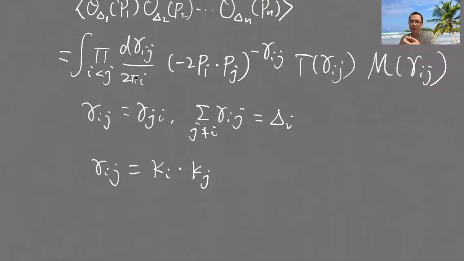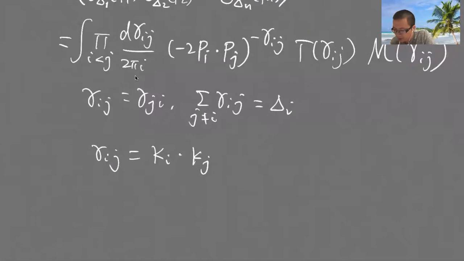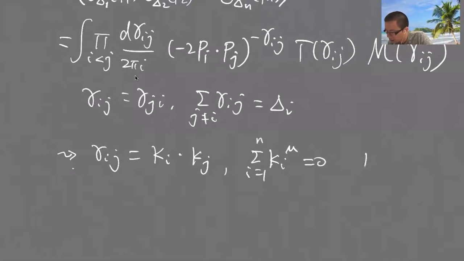Obviously this will be symmetric, and if the ki obey the following conditions: the sum over ki, 1 to n, equals 0, and ki squared equals minus delta i. This condition makes sure the constraint is satisfied.